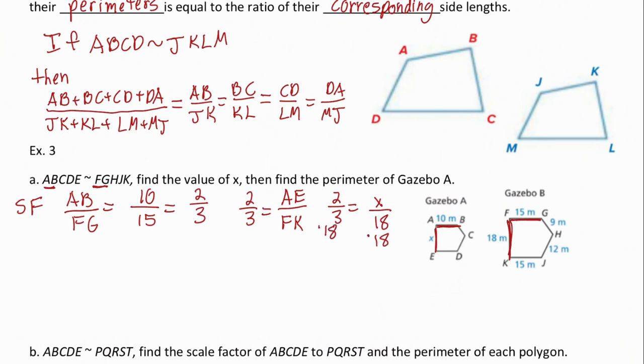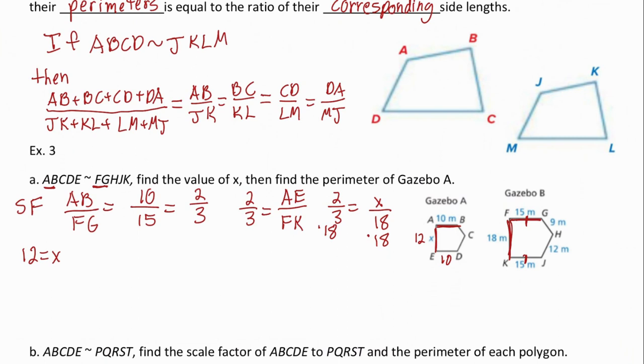Again, you can cross multiply if you want, but you don't have to. So 18 divided by 3 would be 6, times 2, that's going to give us 12. So that gives us that the missing side is 12. We see in our picture that this side is congruent to this side, so in our smaller figure in gazebo A, those two sides would also need to be congruent. So that's 10.